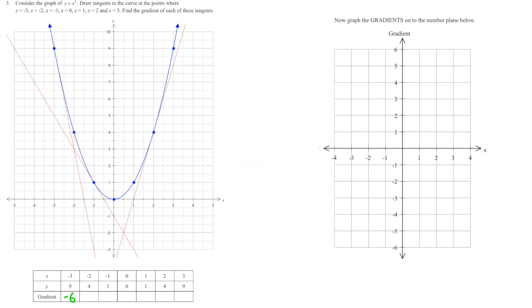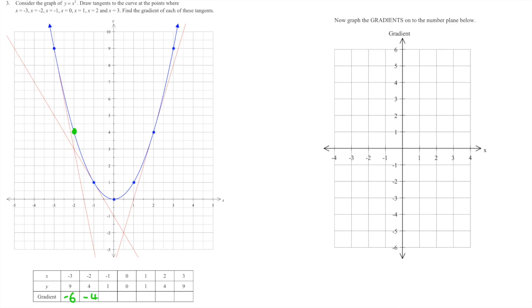So I'm going to clear all of that, and then I'll put -6 there. If I go to -2 and do the same thing, I know that point there, but I haven't drawn a tangent on. So if I actually draw a tangent in and find the rise over the run, plug it all in, I'm going to end up with the answer for -4.